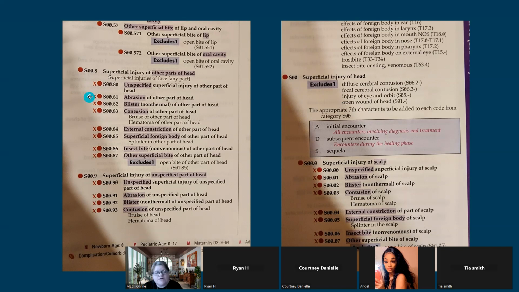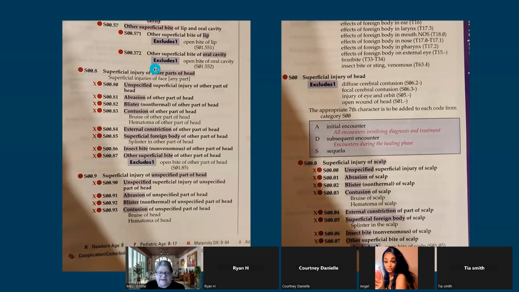If you look up contusion and go through the alphabetic index, it's going to lead you to this code S00.8, superficial injury of other parts of head.